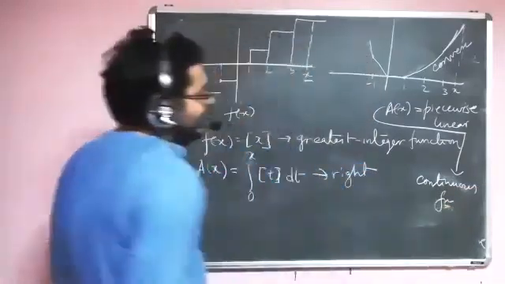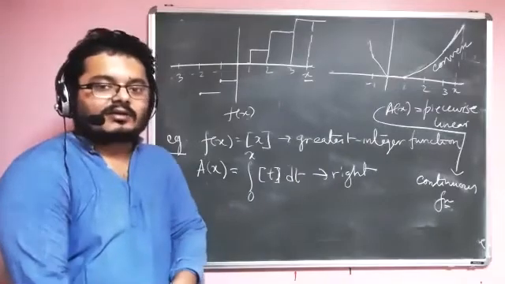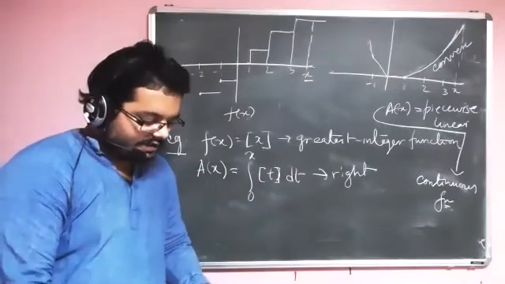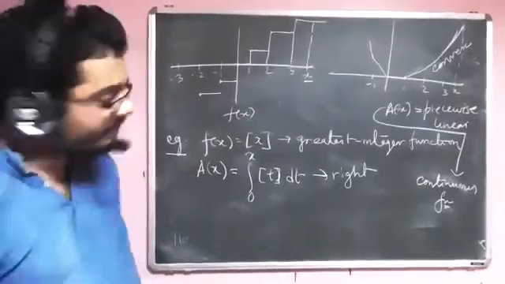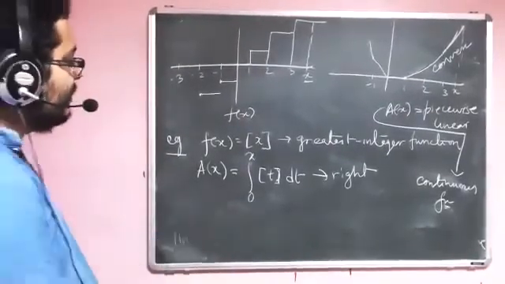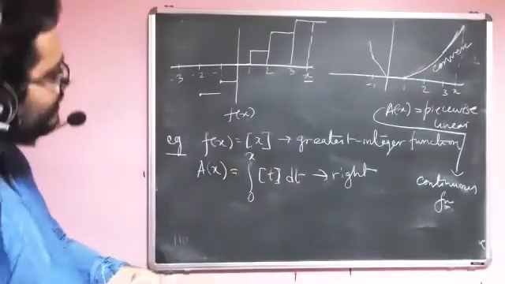So that's why I was saying that the integral is always a continuous function. It doesn't matter from where you are coming with the integral. So even if I start with a function like box x, the resulting A(x) will be continuous.